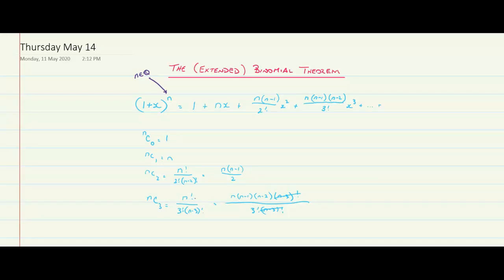Then we brought in our general term. So it's somewhere along here. There's an r term, which is n times n minus 1 and so on down to n minus r plus 1, over r factorial. That's x to the r. And it goes on.